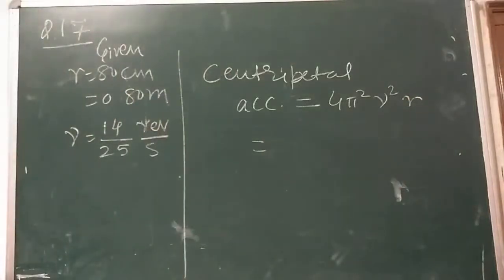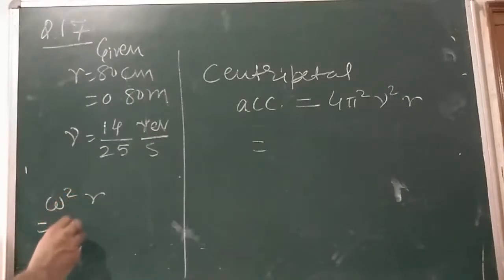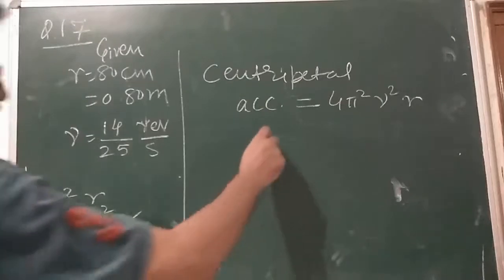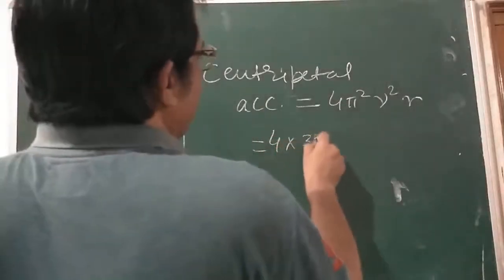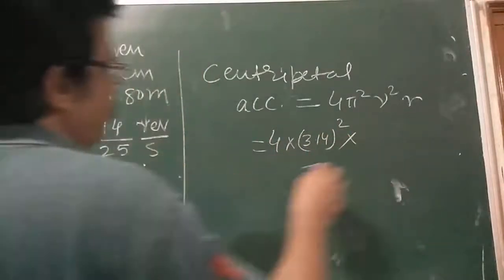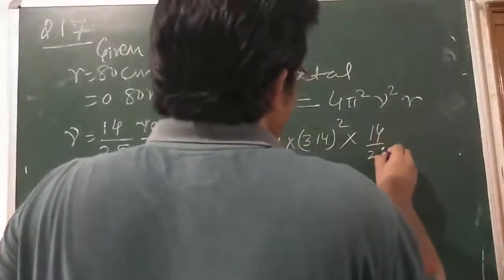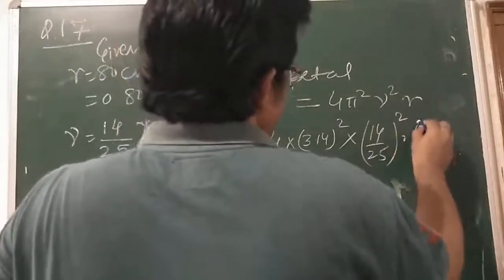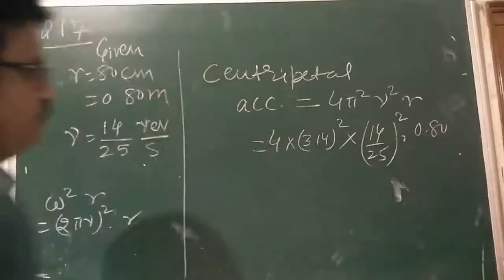Centripetal acceleration is omega square R, and omega is equal to 2 pi nu. So that is 4 pi square nu square into R. Put 3.14 whole square into nu, 14 by 25 whole square into R, that is 0.80.